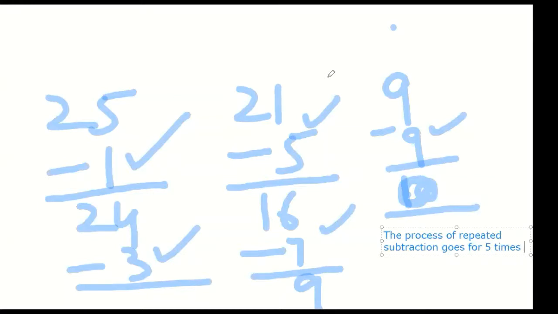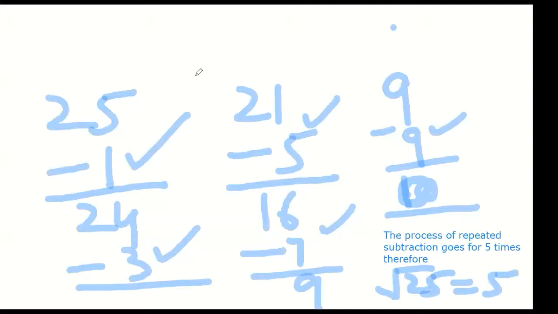Therefore, square root of 25 is equal to 5.